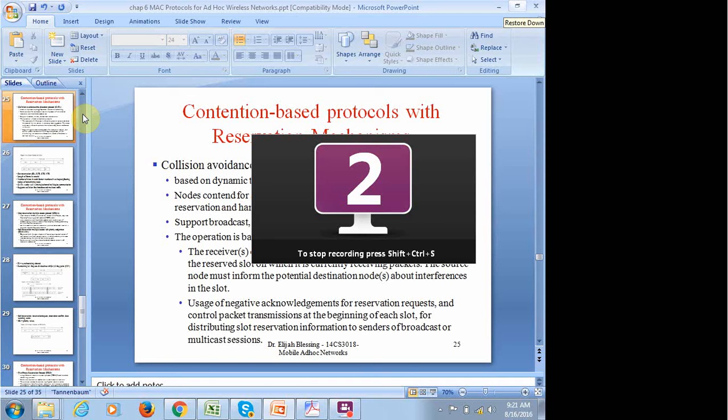So that means there are different nodes, and each node basically tries to contend with the others to reserve a particular channel. How do they do it? They reserve a particular slot. So we are basically looking at what are the different reservation mechanisms that are available for the contention based protocols.